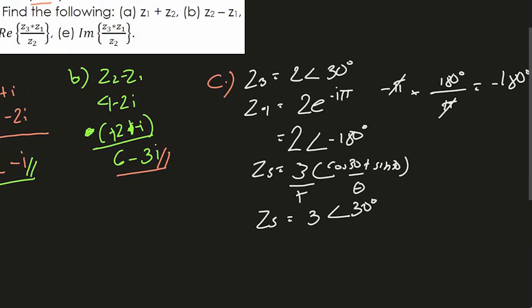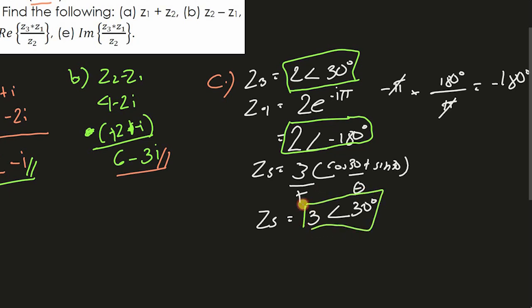So now, ngayon, we are all in the same polar form. Ito, Z3, Z4, and Z5. So basically, we are tasked to multiply these three complex numbers. Doing that, since we are in multiplication, first, i-multiply lahat natin ng mga modulus. So 2 times 2 is 4, times 3 is 12.